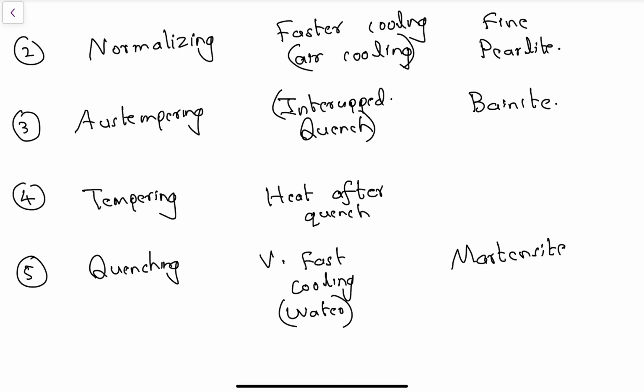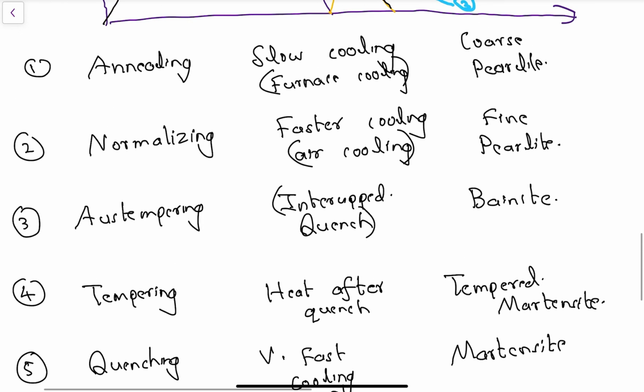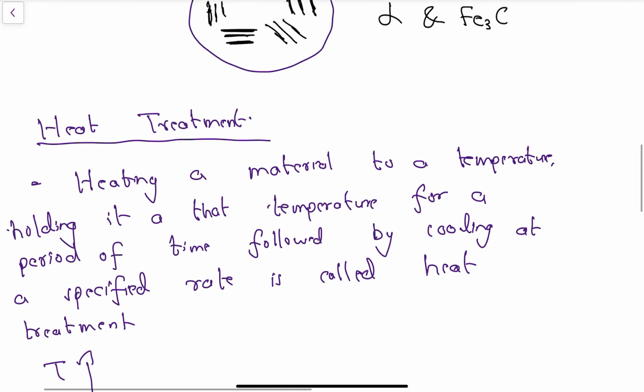Here you will get a structure called tempered martensite. Okay, so this is all about heat treatment. We will discuss the TTT diagram of eutectoid steel in the next lecture. So these are the different heat treatment processes that we need to study.